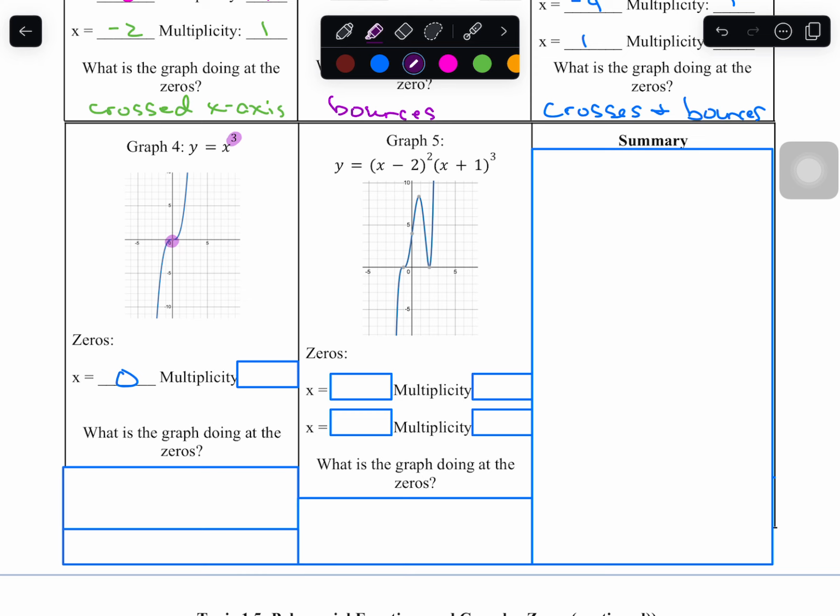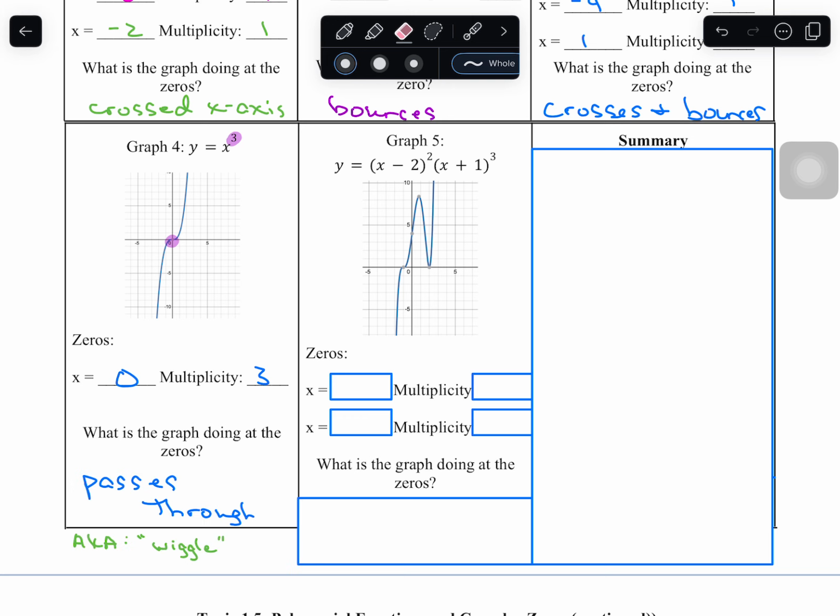There aren't any parentheses, but you could put parentheses if you wanted to. Now, does that cross the x-axis or bounce off the x-axis? The answer is neither. What ends up happening is that it passes through, but it also has like a little wiggle effect. So yes, it kind of crossed like we had with a multiplicity of 1, but I think of it as like it crosses with some pizzazz.